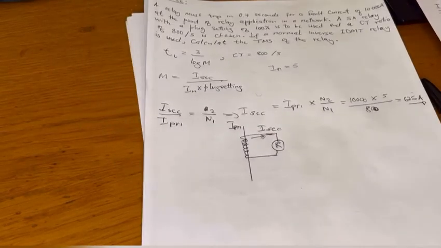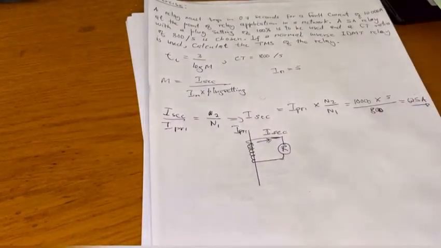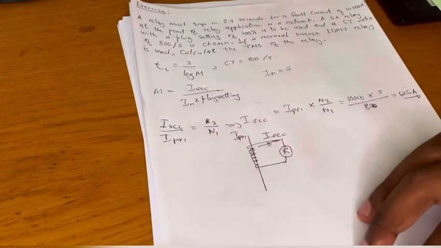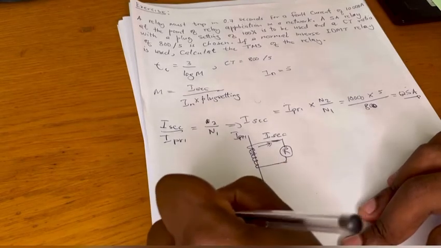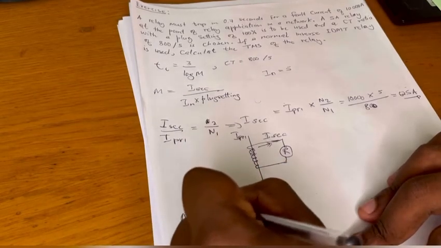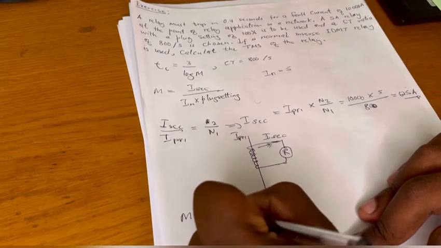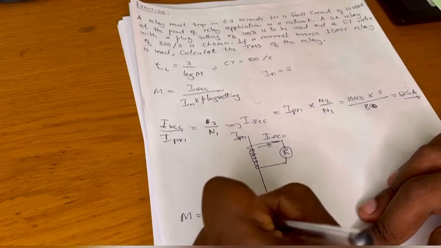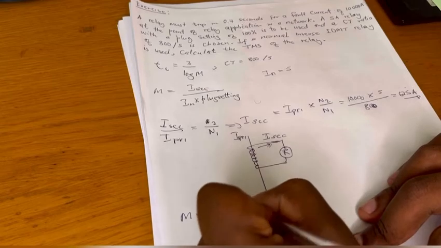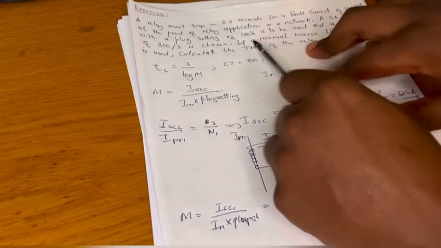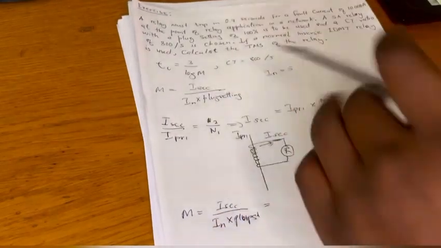Now let's calculate the multiples of setting current, which is M. M is equal to I sec over IN times plug setting. We know the plug setting there was given as 100%.